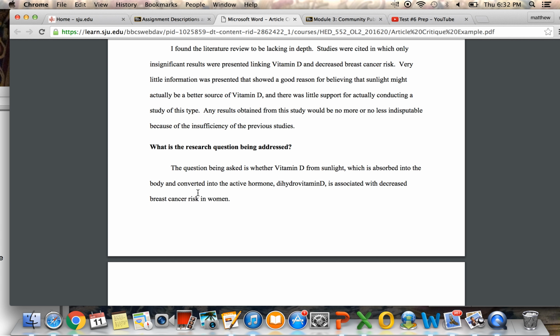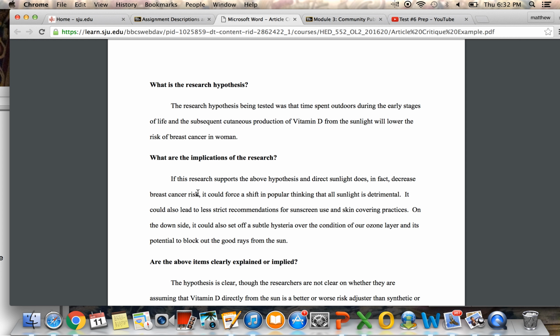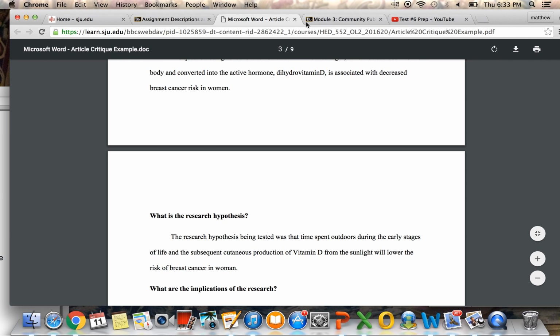In some of these you might get away with 2 sentences, but certainly not less than that. No one-word answers, no short, abbreviated one-sentence answers. This research hypothesis is essentially one sentence, but it's 25 words, so it's a pretty significant sentence. Okay, that should be fine.